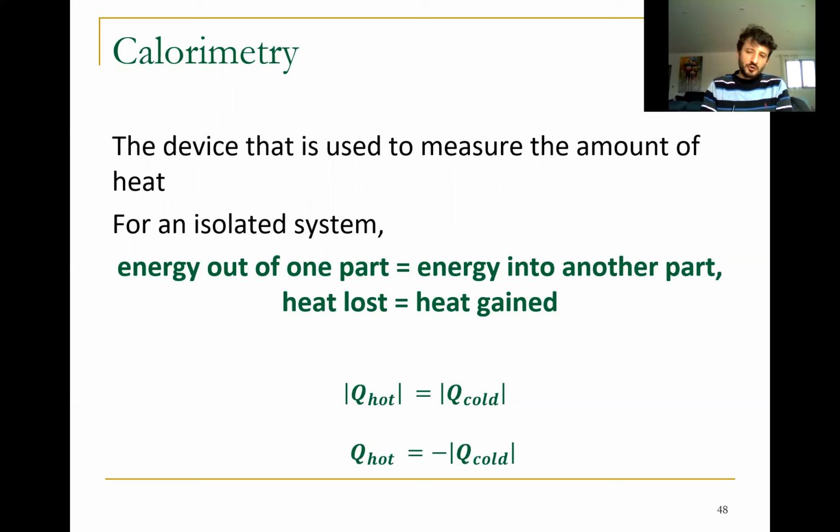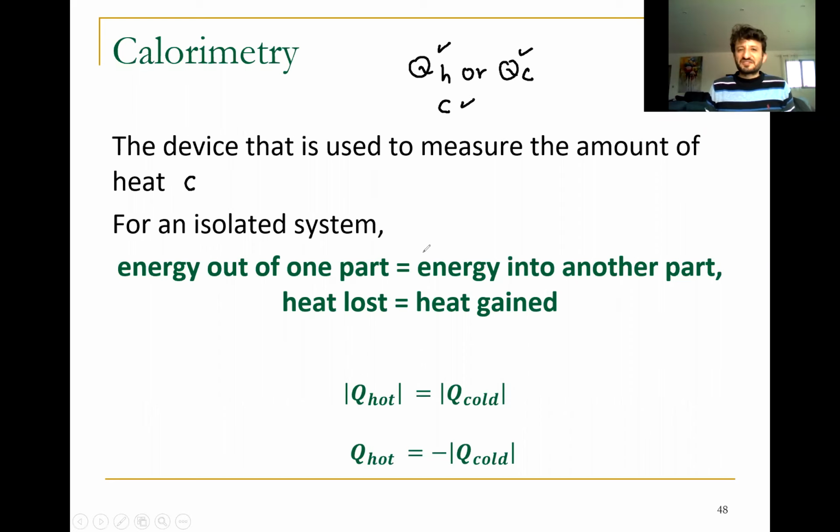We can find Q in and Q out, and it can also be used to calculate the specific heat, small c. Here we can calculate Q hot or Q cold, and also the specific heat C.